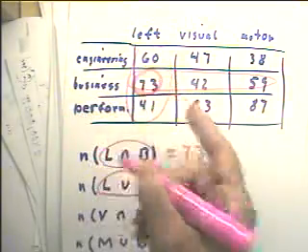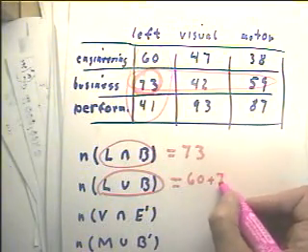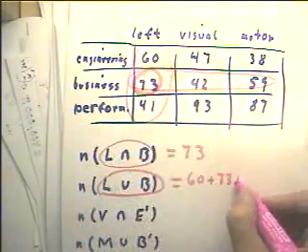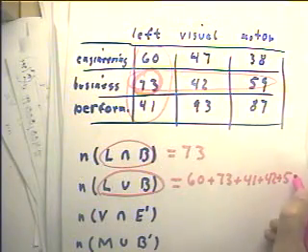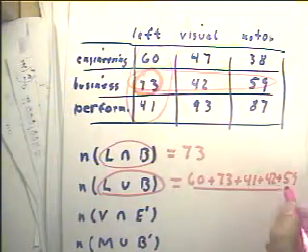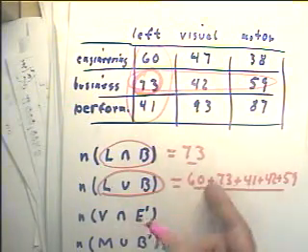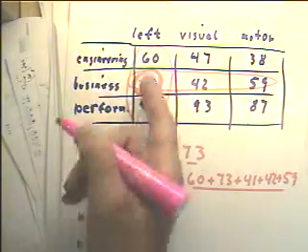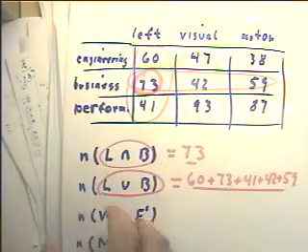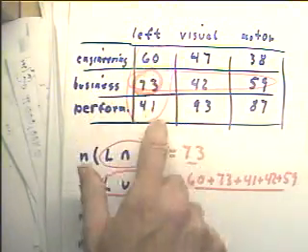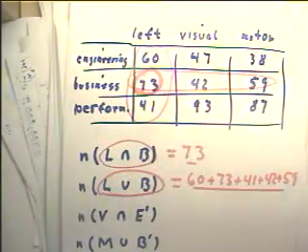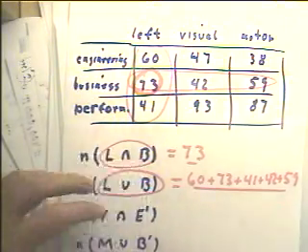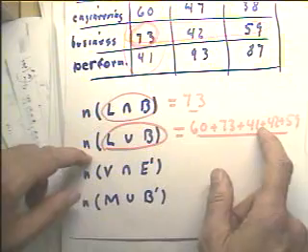We're going to have the 60 who are here, the 73 here, the 41 here, and the 42 and the 59, so that when we add those up, we're going to get the number that are in the union of the two sets. Now, the union means people who are either highest left orientation or in the business curriculum, and as long as they satisfy at least one of those criteria, they count.